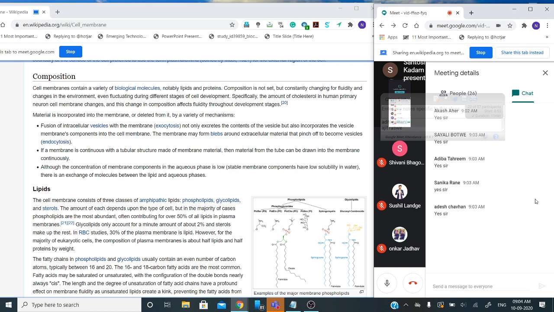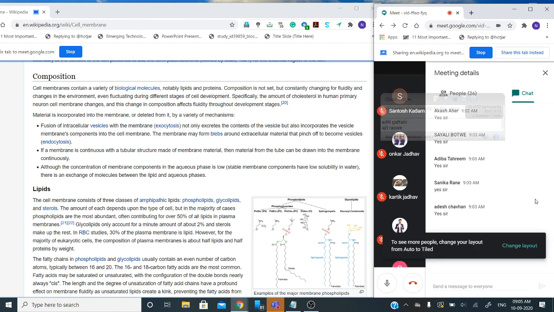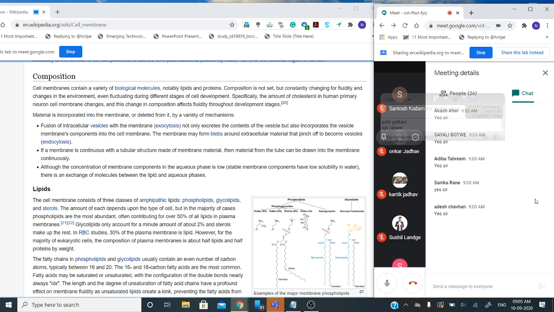Even if you remember from last year, all the modes of engulfment, phagocytosis, pinocytosis, exocytosis, endocytosis, all these things the membrane can do because of the fluidity. If the membrane is continuous with a tubular structure, then the tube can be drawn into the membrane continuously.